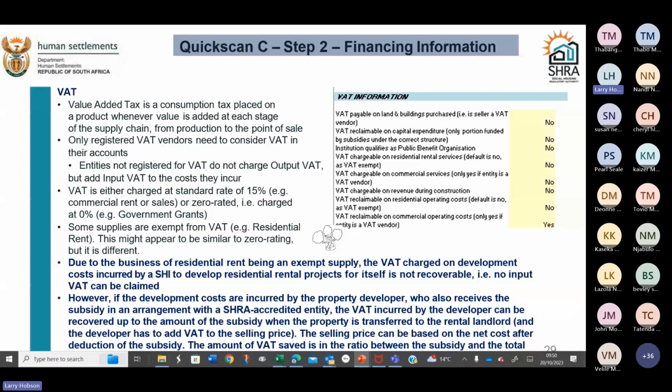But if you're not a VAT vendor, you show the full 115 Rand as the cost of your accounting fee.